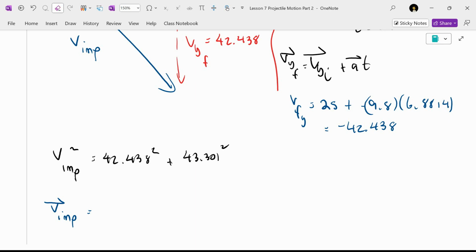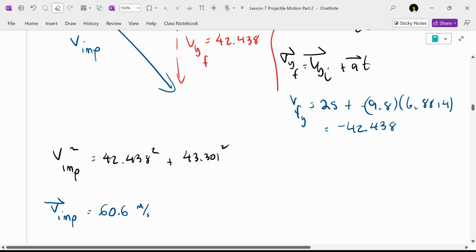What'd you get, Luke? 60.6? 0.6 or 0.7? I'd take either here. Meters per second. Are we done? No, we've just found the speed.